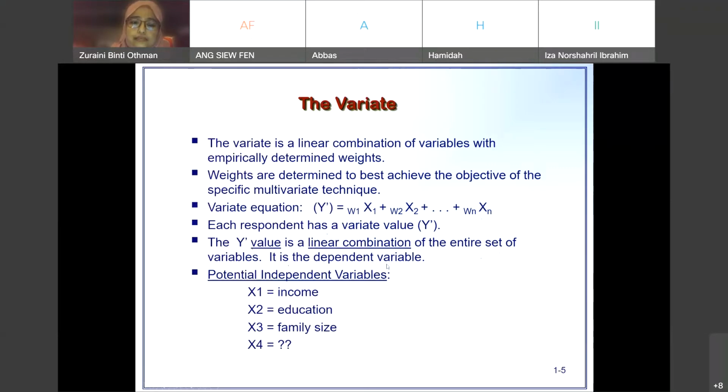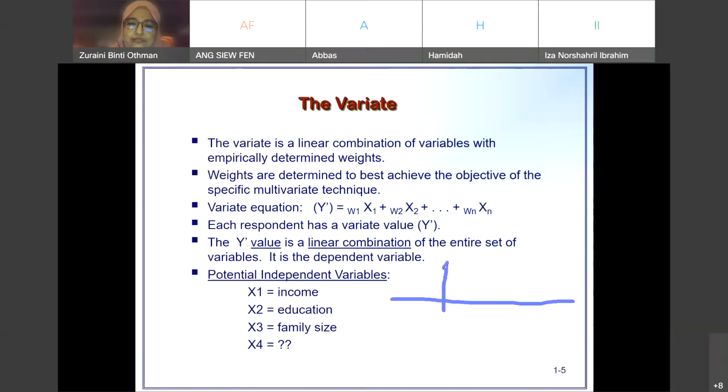It is the dependent variable. First I want to ask, do you still remember what a dependent and an independent variable is? What is it? Can someone please explain?